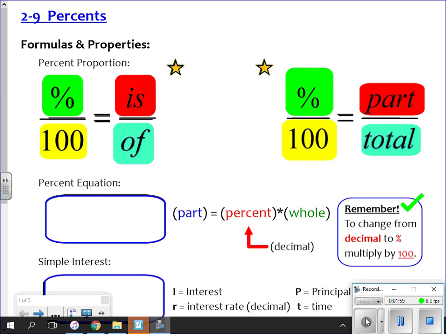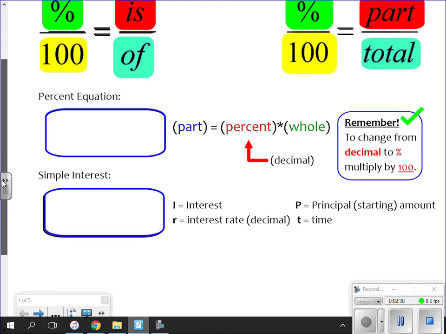This one you'll do if you have what percent, 300 kids out of 752 said that they wanted a puppy for Christmas. What percent is that? Well, the part and the total is how many kids out of how many kids. That's where the part and the total comes from. I think there's maybe one problem we'll do that with, but there might also be one on your homework that you'll want to do that with.